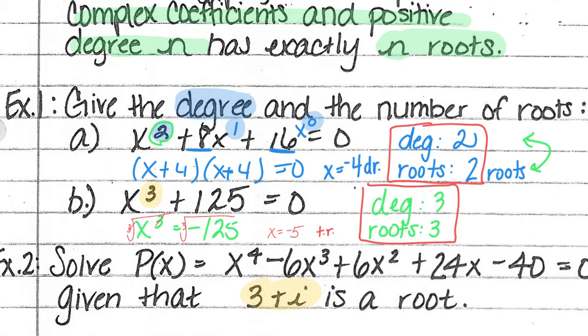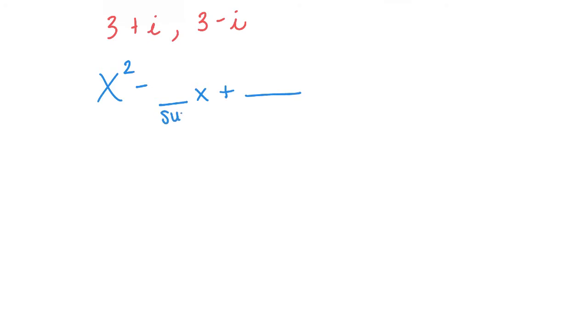Well, before the theorem, we had a conjugate theorem, and it told us that if 3 plus i is a root, I know that 3 minus i is also a root. So what I'm going to do with these two is take 3 plus i and 3 minus i being my roots, and put them into x squared minus the sum of x plus the product.